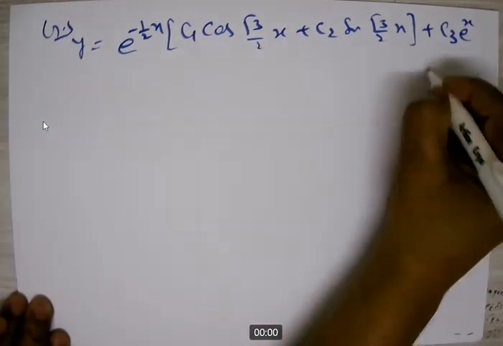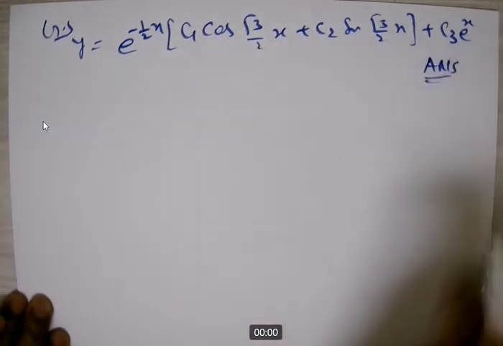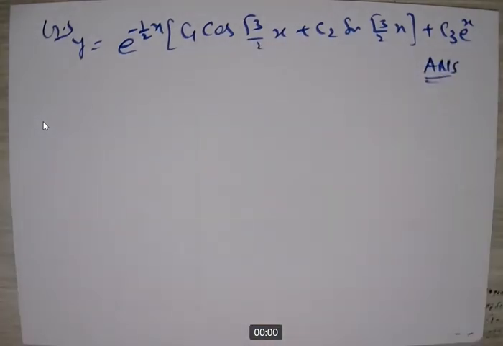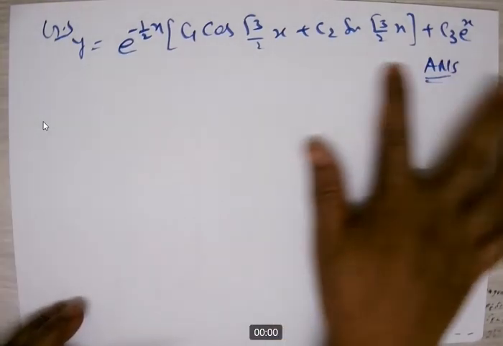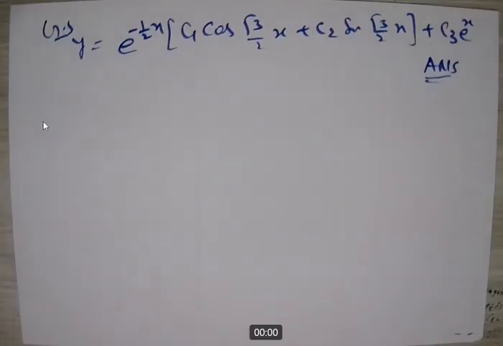So this is the general solution when the roots of the auxiliary equation are such that two roots are in complex form and another root is different, my dear students.